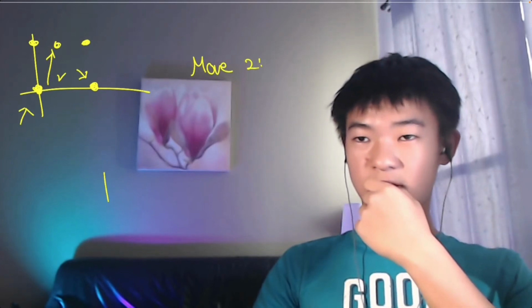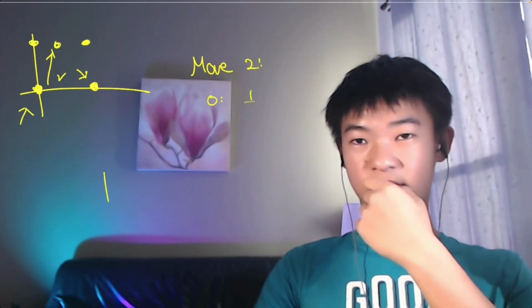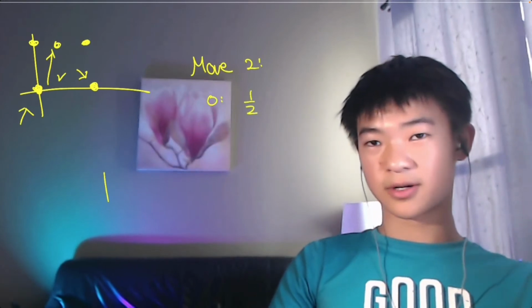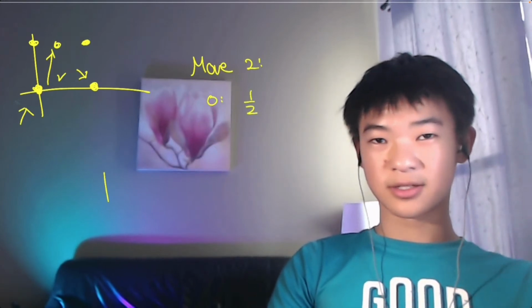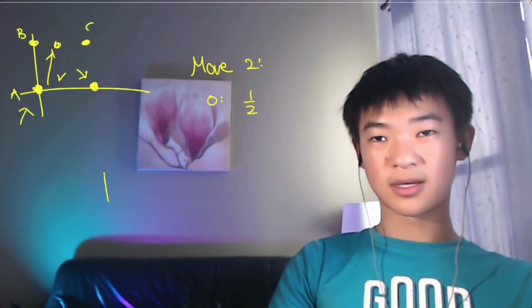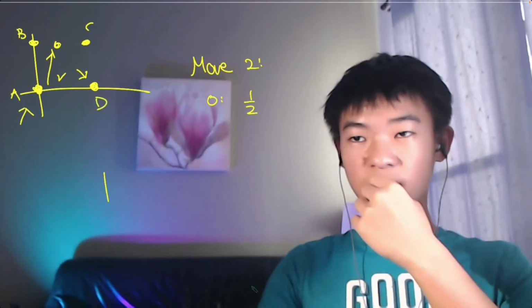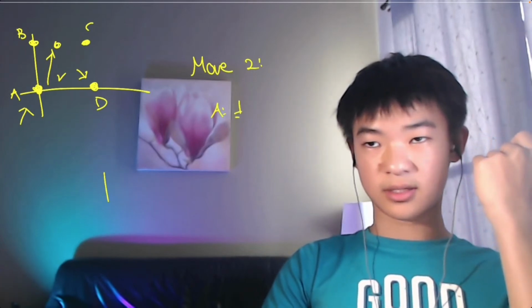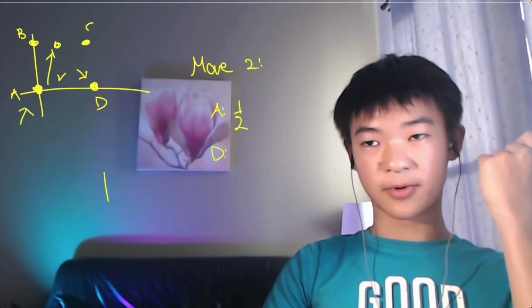So returning to 0 would be 1/2. And then going to another one, let's label these A, B, C, D. Returning to A would be 1/2, and then going to D would be 1/2.